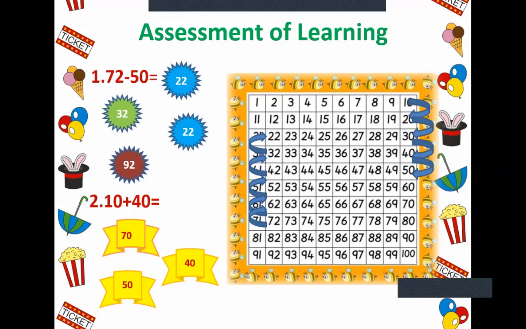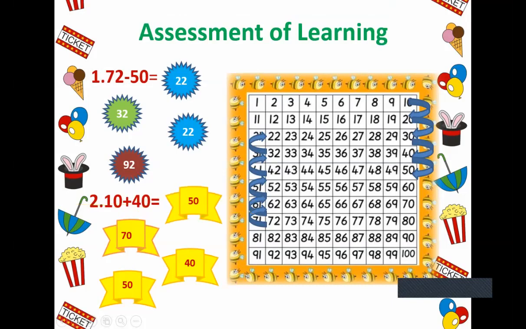You are doing addition. For doing addition of tens in the number square, you have to jump downwards. That means you have to jump 4 times downwards. So the answer will be 50.